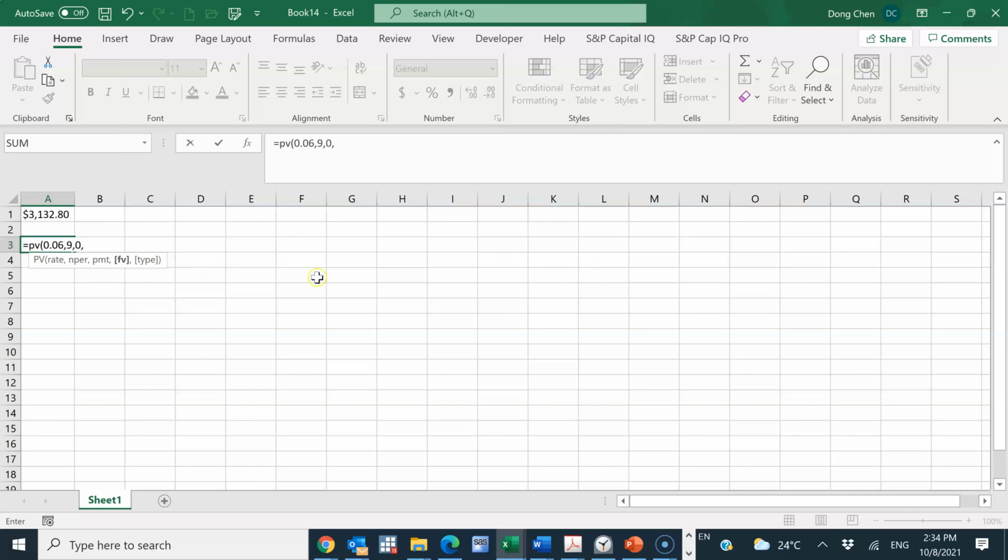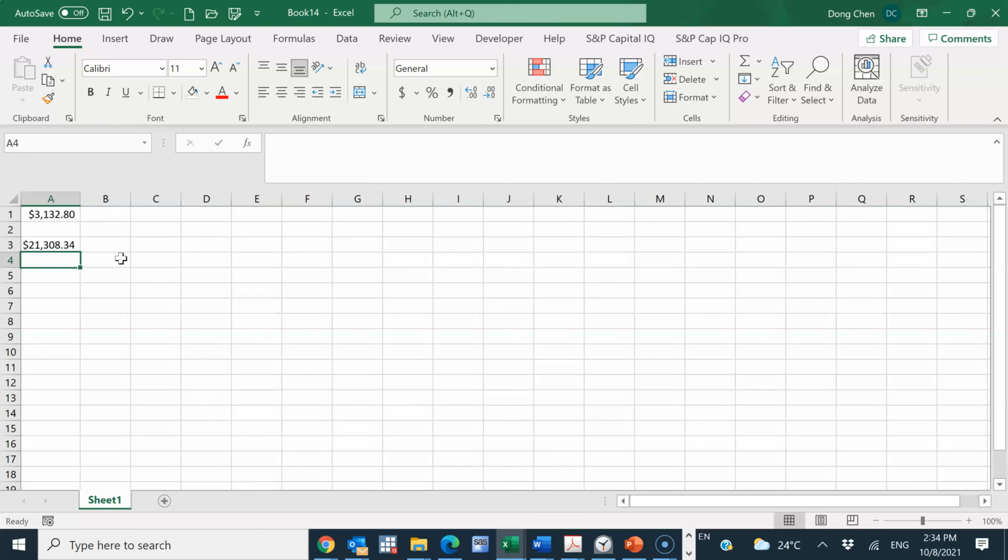And then the future value will be the same as part A, and the rule will also be the same. The reason I add a negative sign in front of this $36,000 is because I want a positive present value. Now I can just press enter, and that will give me this present value.